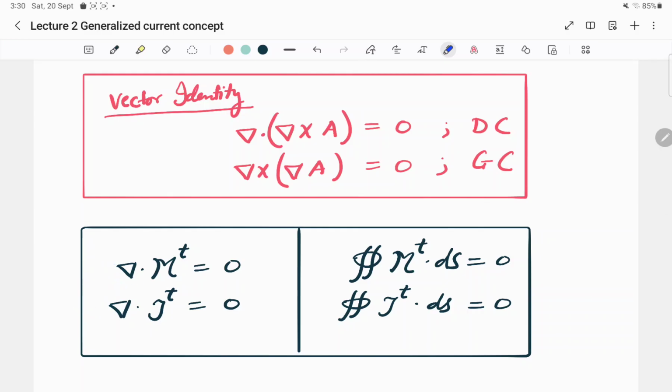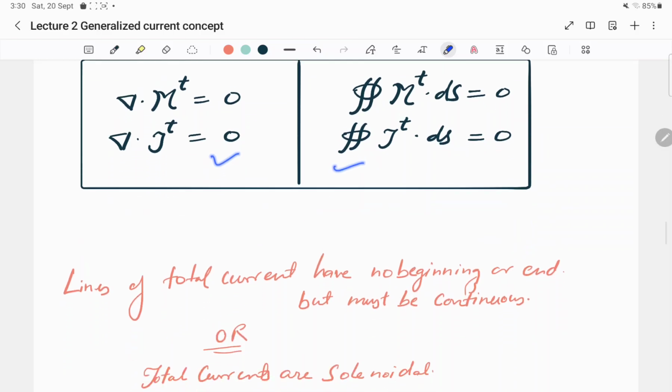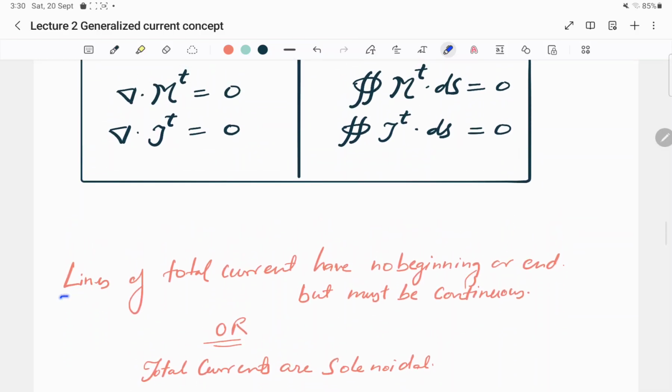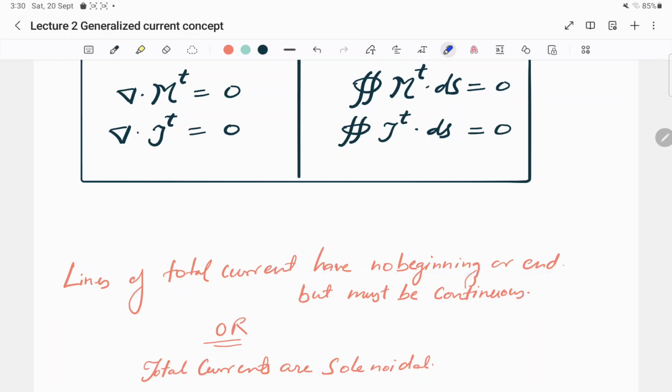And now if we apply the divergence theorem, you can get the closed surface integration of Mt dot ds is equal to 0, and the closed surface integration of Jt dot ds is also equal to 0. So what do these equations tell us? They tell us that the lines of total current have no beginning or end, but must be continuous, or in other words, the total currents are solenoidal.